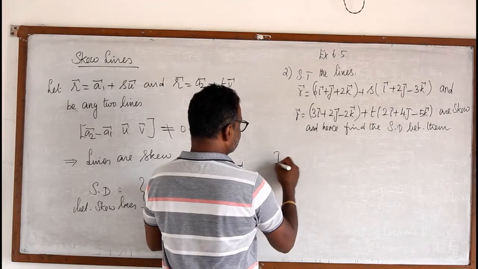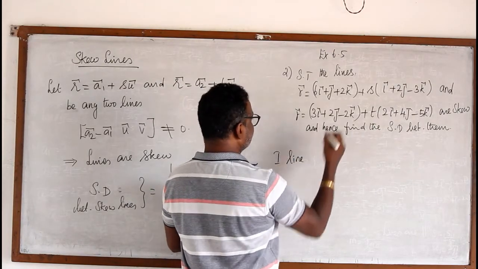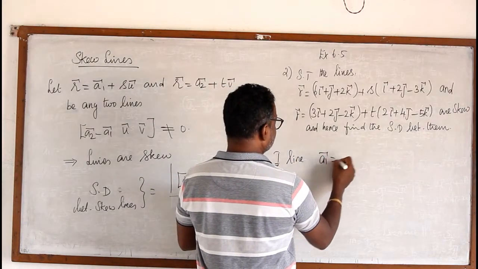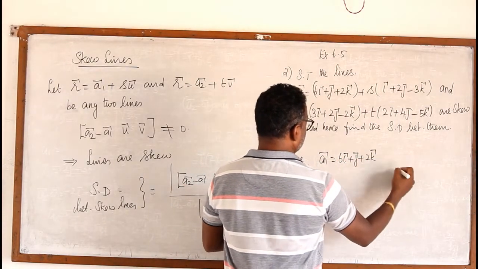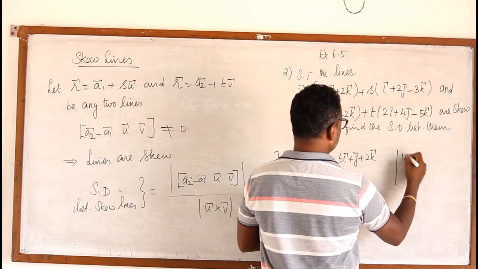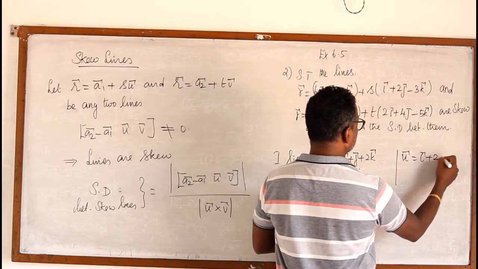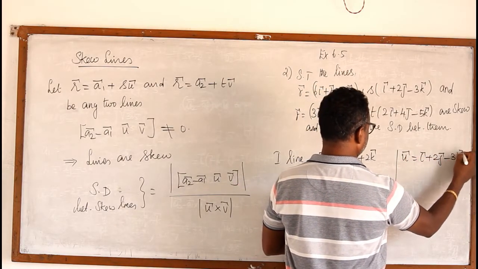So, from the first line, shall I write the vectors and points straightly? A1 vector is 6i plus j plus 2k and u vector is i plus 2j minus 3k.